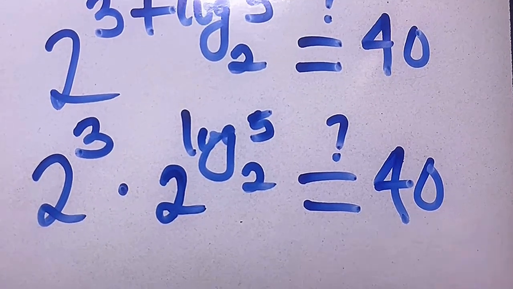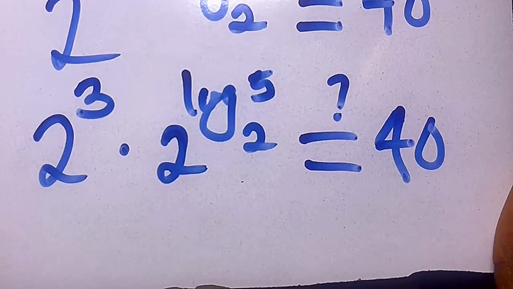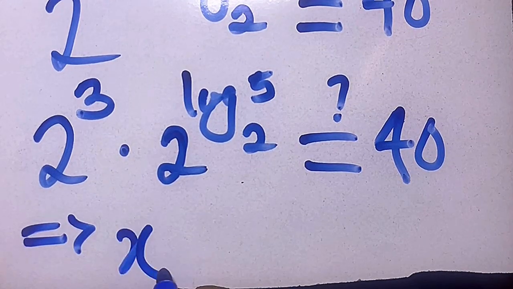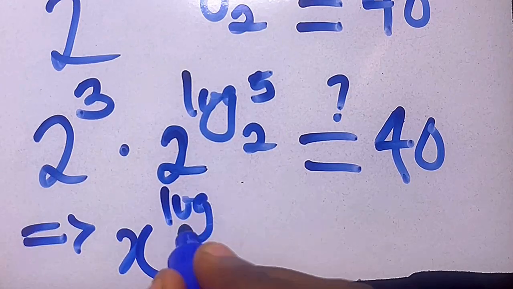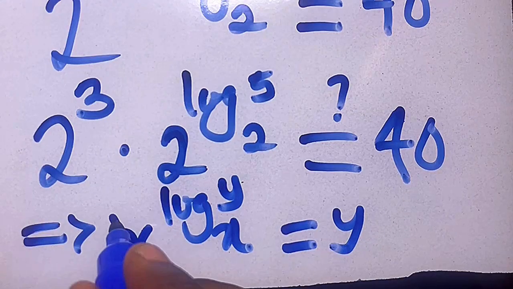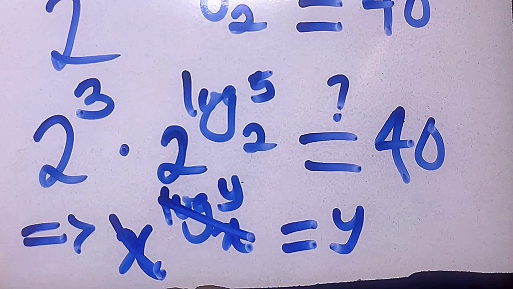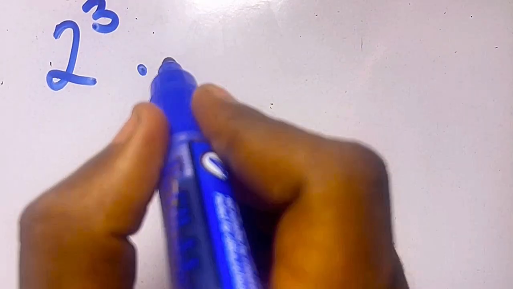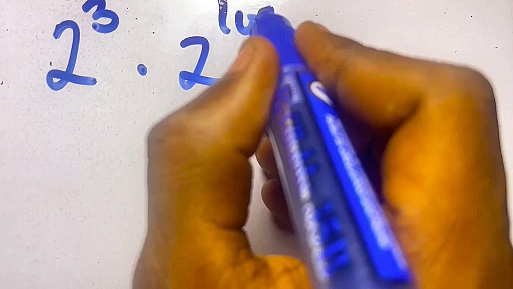So here, we have to recall that if you have x raised to power log y in base x, this equals y, because this will cancel out this, right? So now, we have 2 raised to power 3 multiplied by 2 raised to power log 5 in base 2.